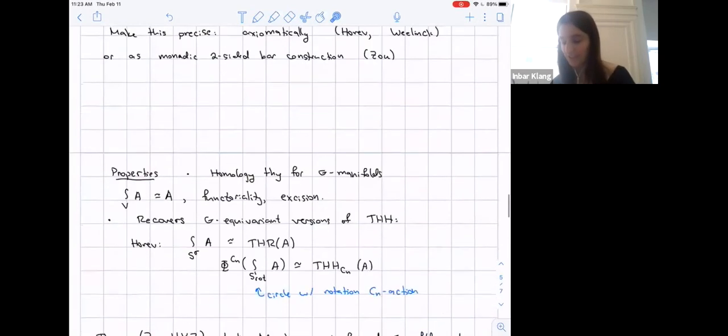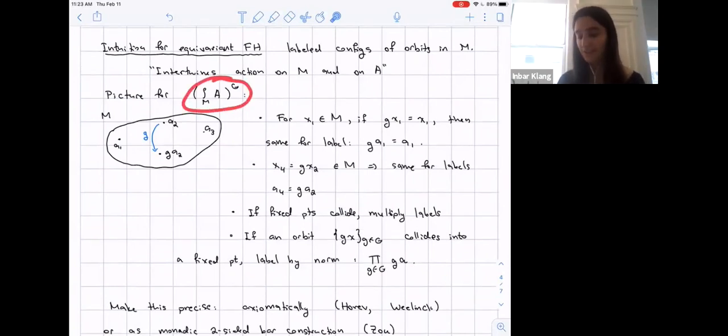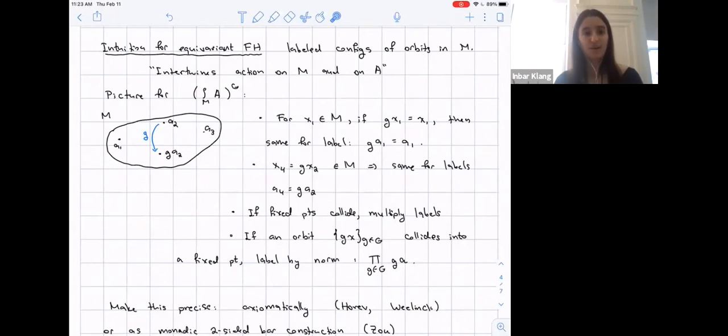All right. There's also a question in the chat about this description of the fixed points here, and it says, doesn't this look just like a description of the action? I guess it would be hard to just draw a picture for the equivariant factorization homology itself, because it would really be just labeled configuration spaces. You take your manifold and you label it by elements of the algebra. And great, that's just factorization homology.